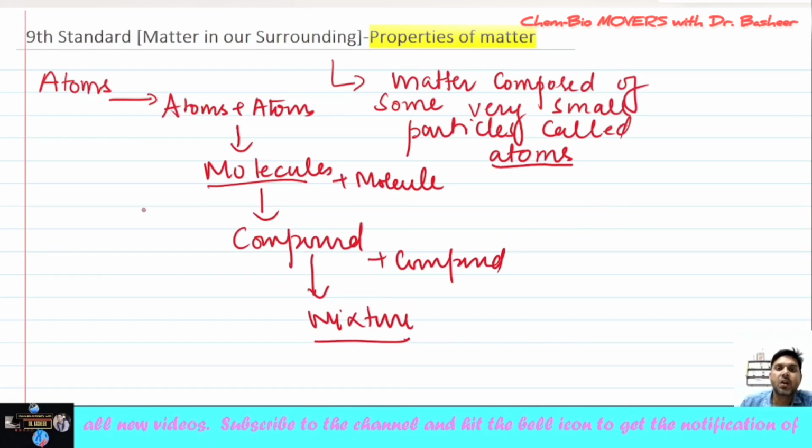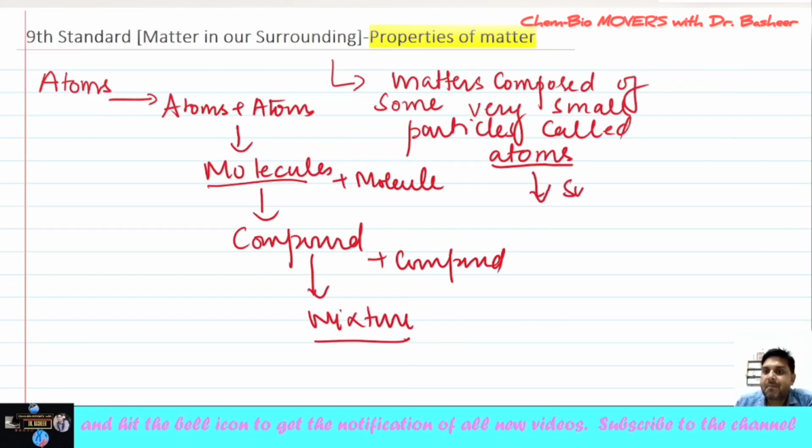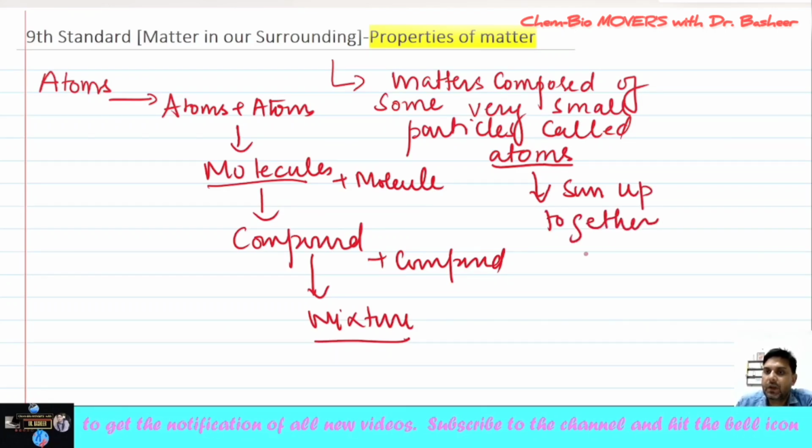So what I am discussing here: matter is composed of some very small particles called atoms, and some of them join together to form molecules.